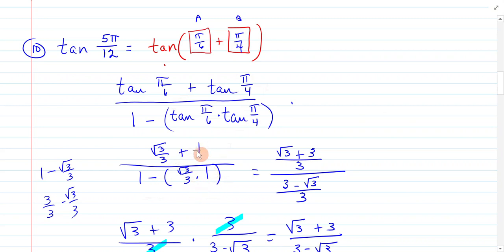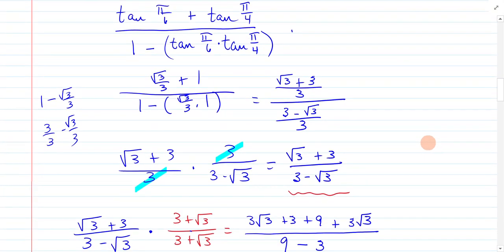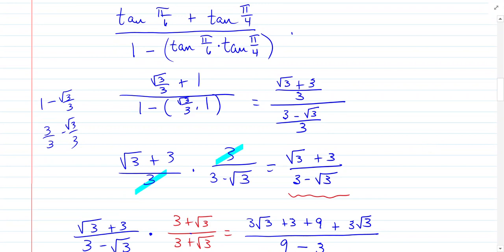So up top here, we need one fraction. So if you turn 1 into 3 over 3, you have square root of 3 plus 3 over 3. Down here, you've got 1 minus the square root of 3, so you have 3 over 3 minus square root of 3 over 3. So we got that. That's a complex fraction, so we're going to flip this bottom one, which goes here, and we're going to multiply.